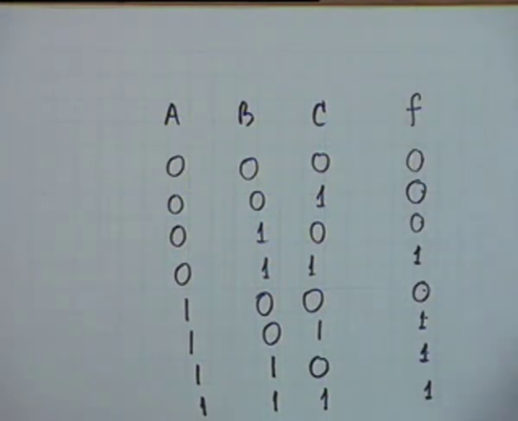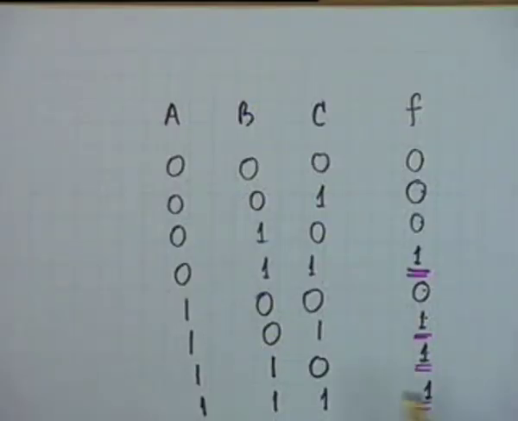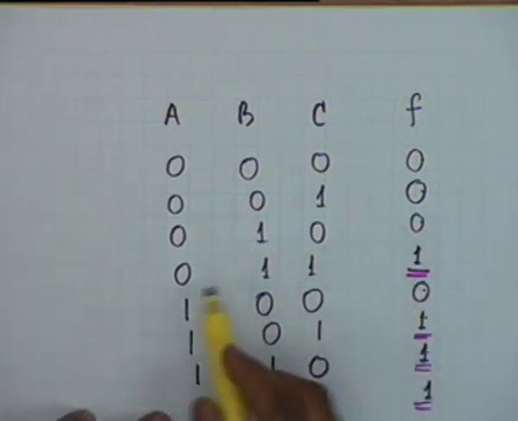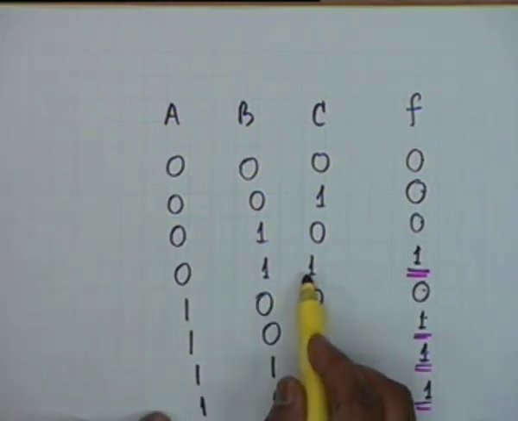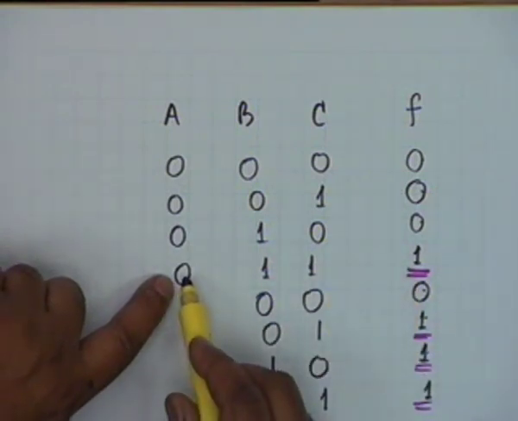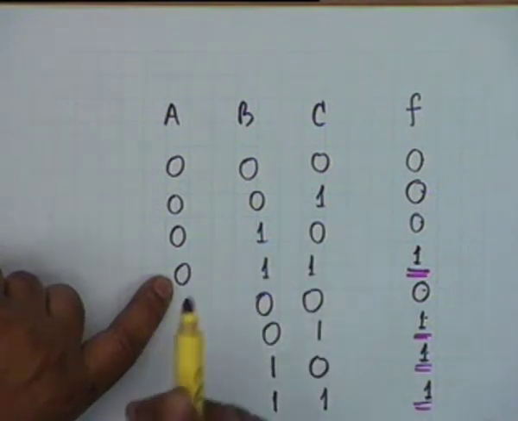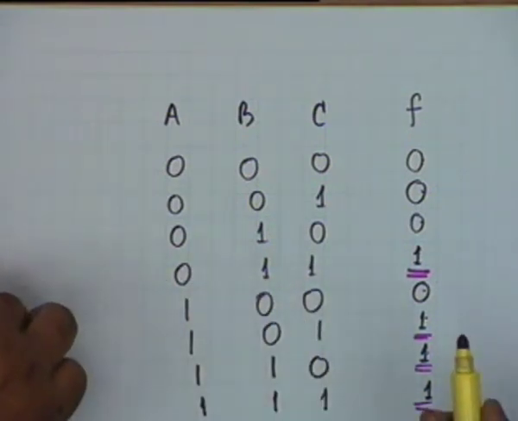logical expression. And as I had said, all that you have to do is to look at the ones in which the results are 1, and OR them. That is, you write the logical expressions corresponding to this. This, for example, this row will represent A bar, B, C. Wherever there is a 0, you take the complement. Wherever there is a 1, you take the variable.